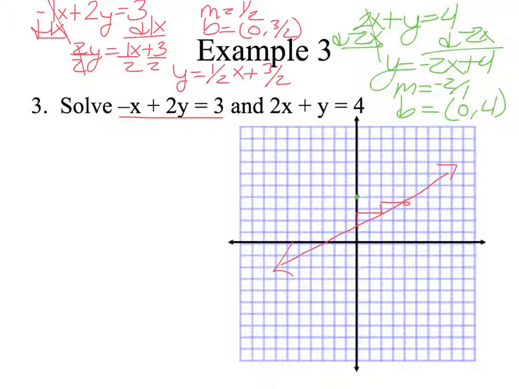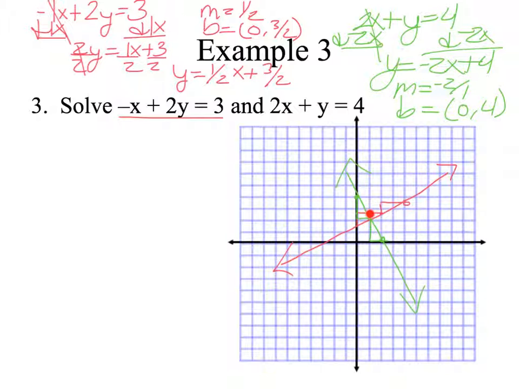Slope of negative 2 over 1. So I'm coming down 2 and right 1. Down 2 over 1. Down 2 over 1. My line looks something like that.